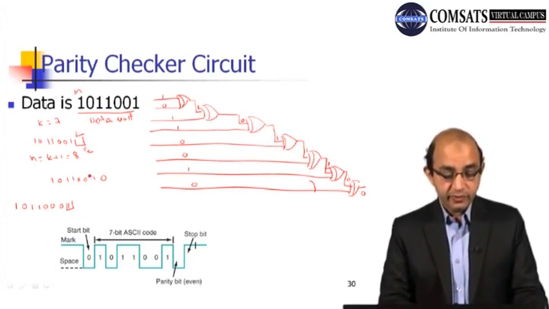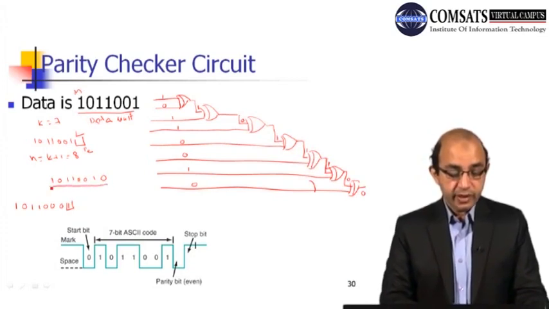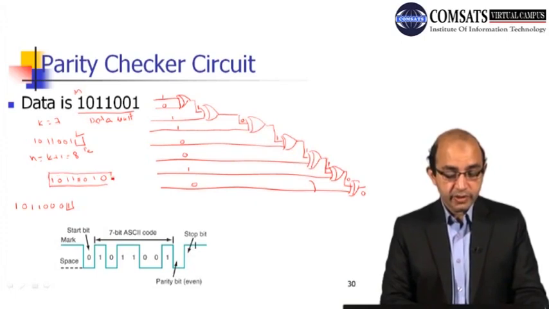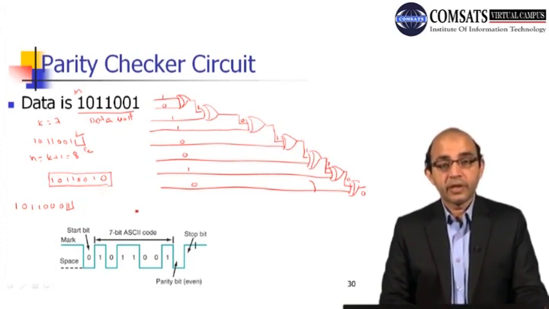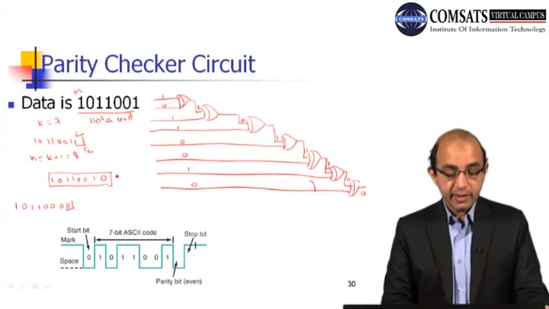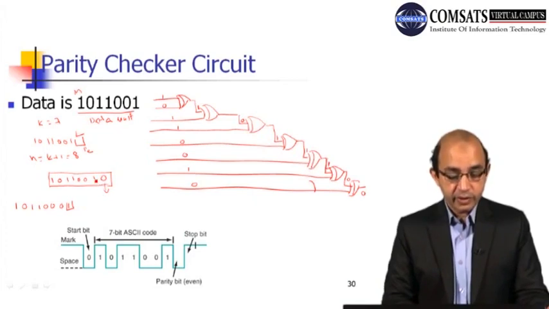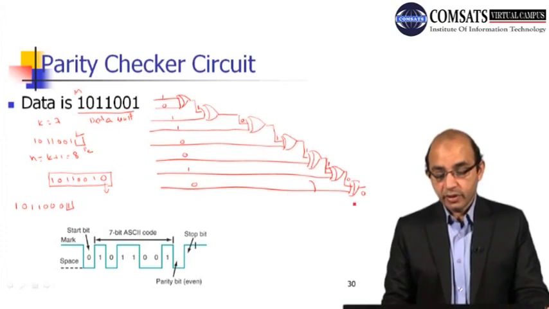Here we have included the parity bit, so we are actually calculating the number of ones in this 8-bit data unit that includes 7-bit actual data and 1-bit parity. So you can see 0, this is the parity bit, number of ones are 1 2 3 4, so already even.